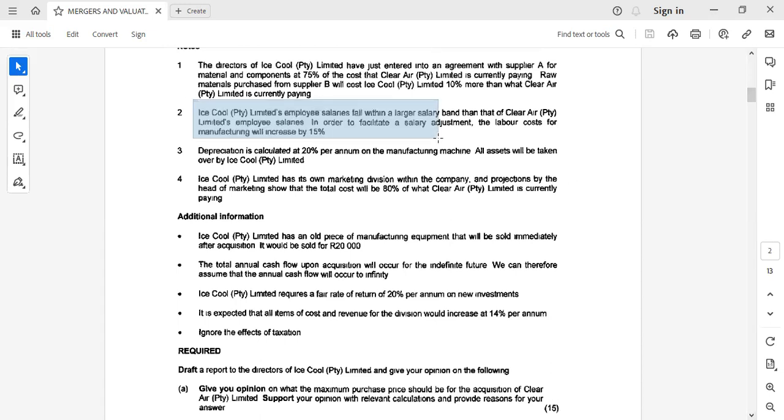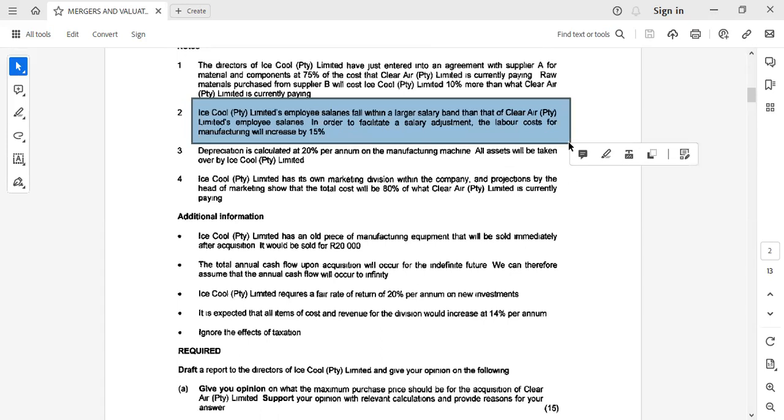Right. High school's employee salaries fall within a larger scale band than that of Clear A Private Limited's employee salaries. In order to facilitate a salary adjustment, the labor cost of manufacturing will increase by 15%.